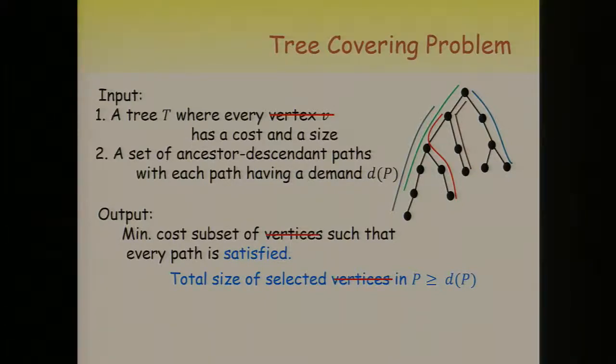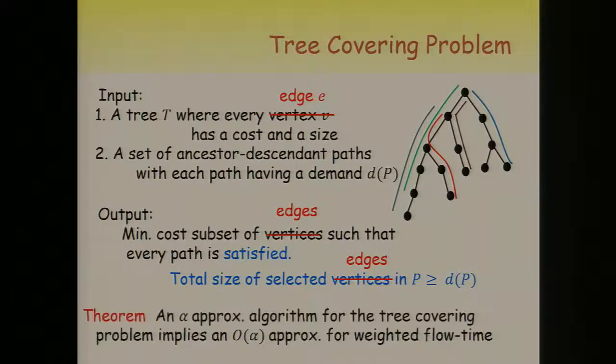There's a standard trick by which I can just replace the vertices by edges. What I have shown to you is that an alpha approximation algorithm for this tree covering problem will imply an order alpha approximation for the weighted flow time problem.